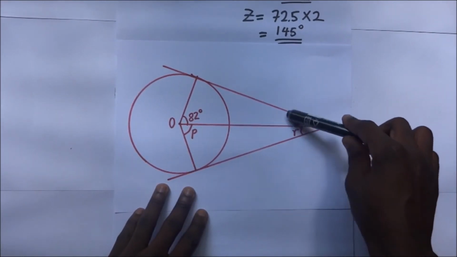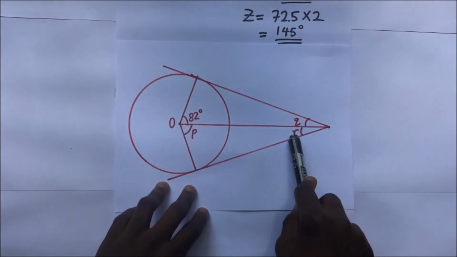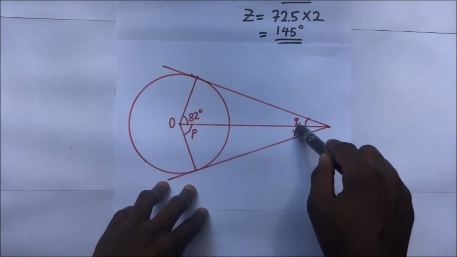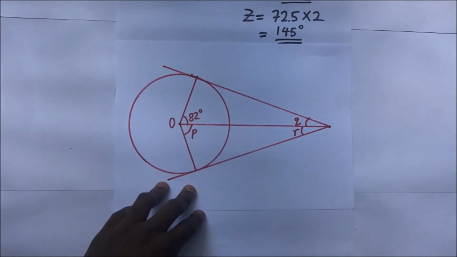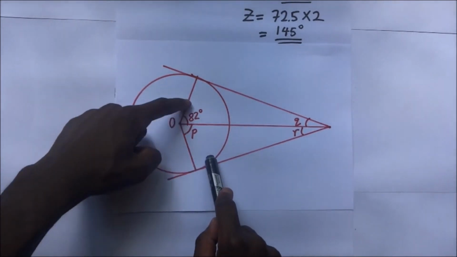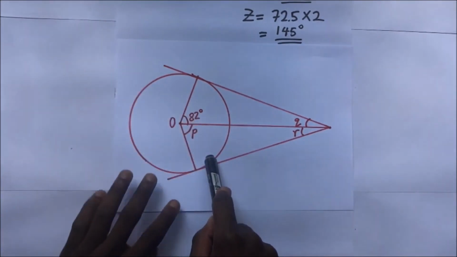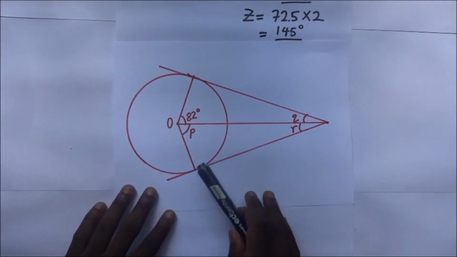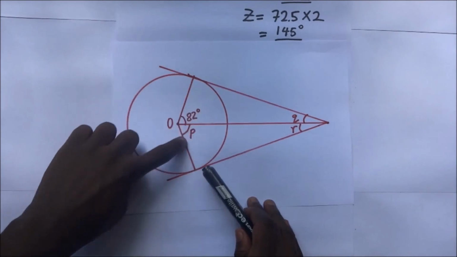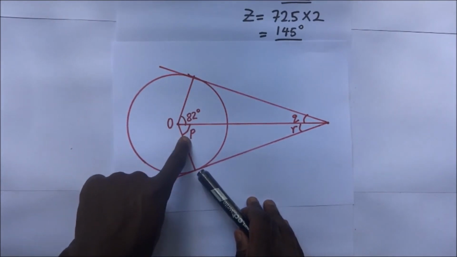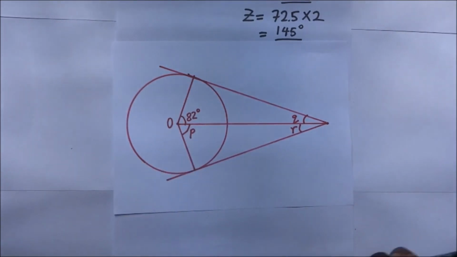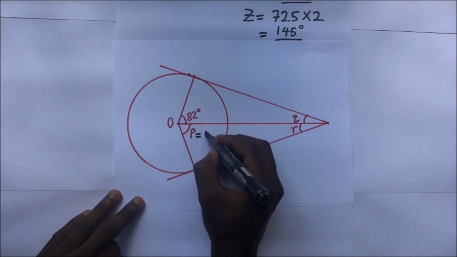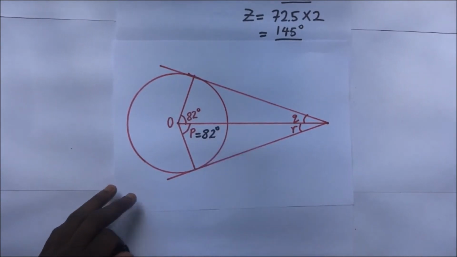So according to our earlier property, the value of q and the value of r is the same. Likewise here, this angle is also being bisected into 2 equal angles. So if this angle is 82 degrees, the value of p is also 82 degrees. So straight away we know that the value of p is 82 degrees.